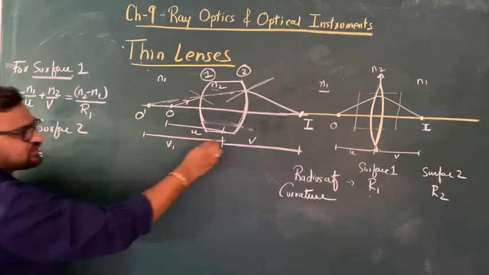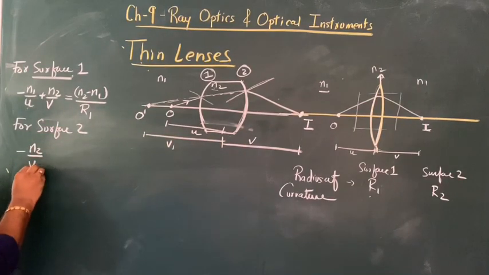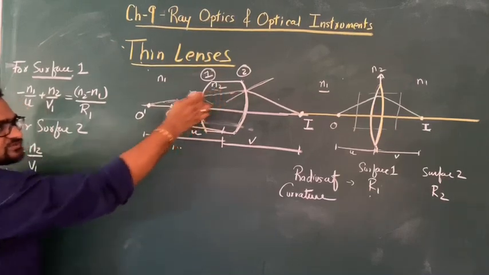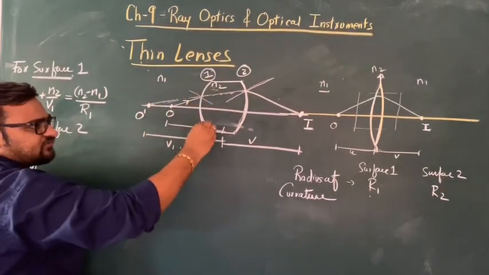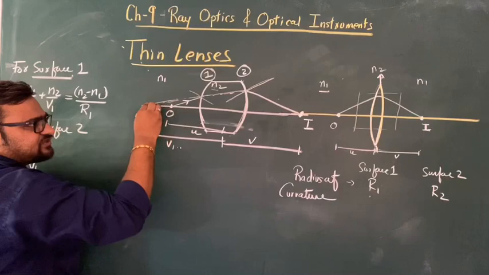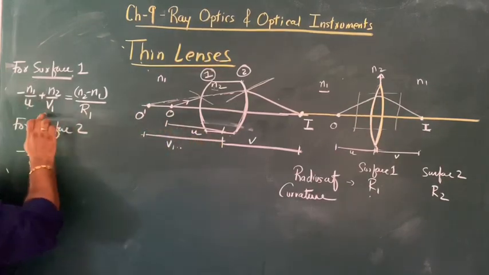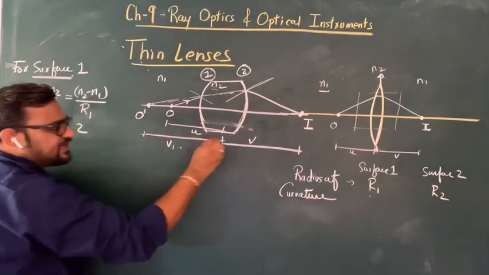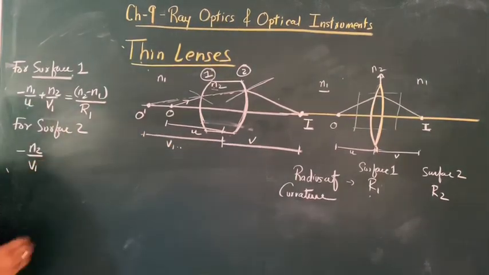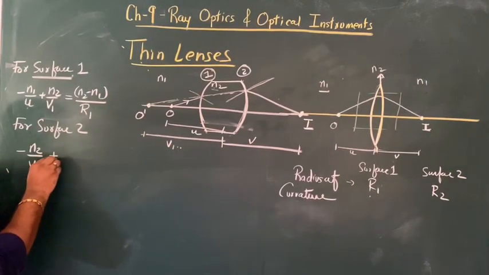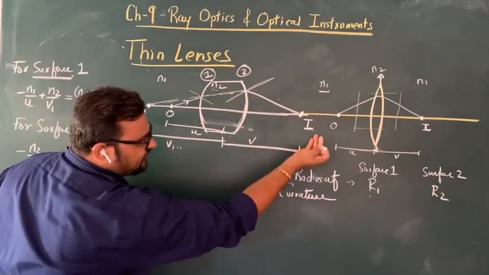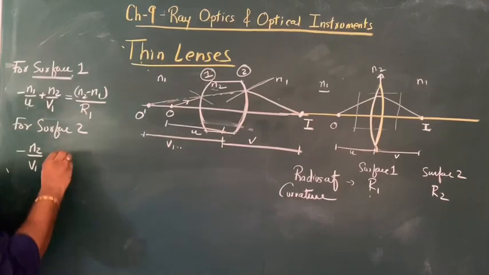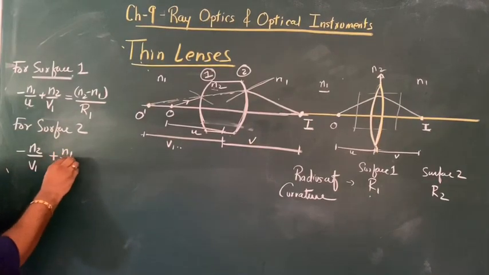This one, so v1, because this was the image for the first surface. So for the second surface, minus n2 by v1, since this is acting as an object, plus the refractive index of the medium on the other side, n1, upon v.